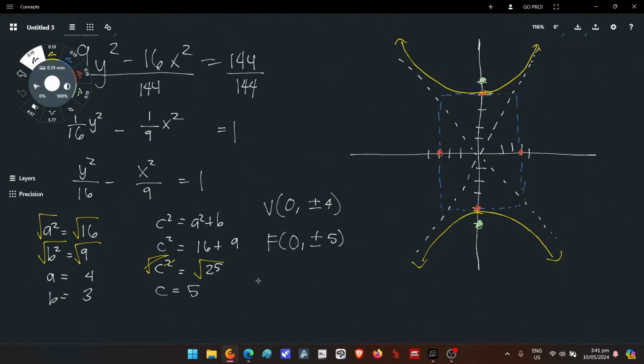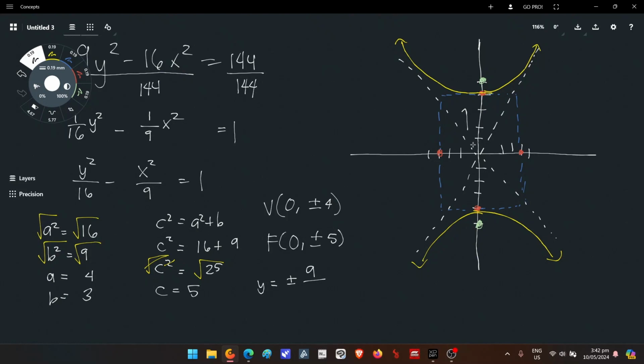For the asymptotes, y equals, we're going in this direction again. So it is rise over run. But this time, our rise is the A value. So because this is the A, that means it is positive negative A first over the run.